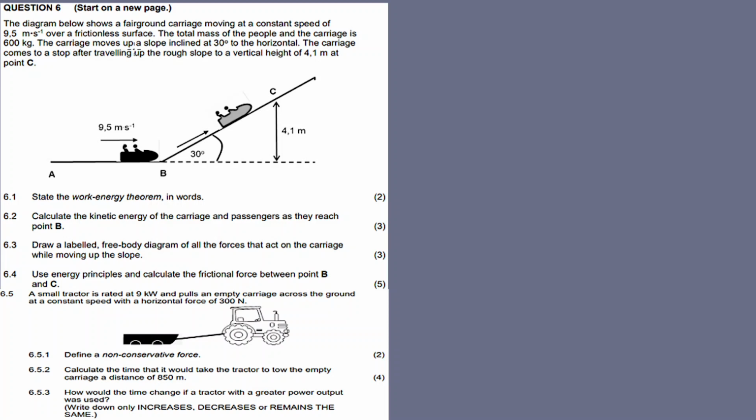The carriage moves up a slope inclined at 30 degrees to the horizontal. The carriage comes to a stop after traveling up the rough surface to a vertical height of 4.5 meters at point C. So it moves from A to B where there's no friction, then from B to C there's a rough surface.